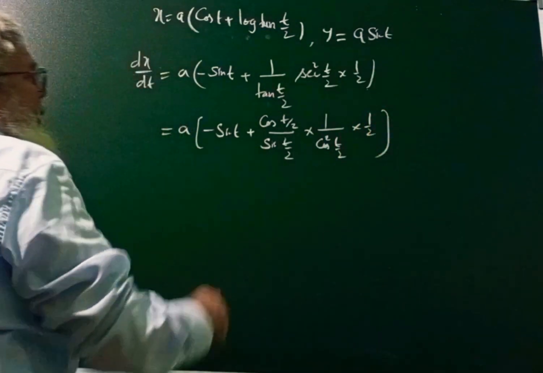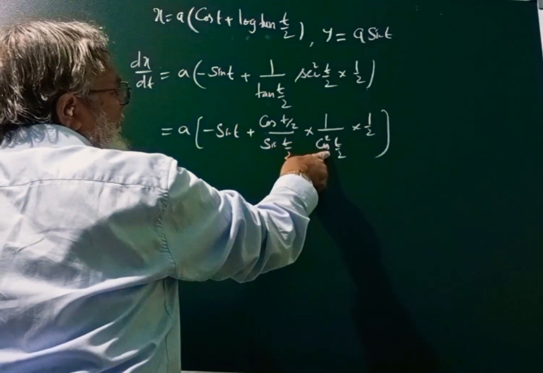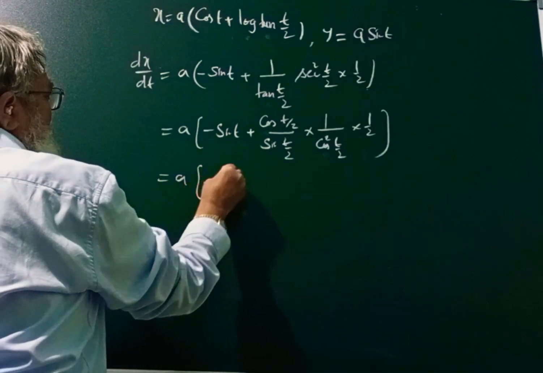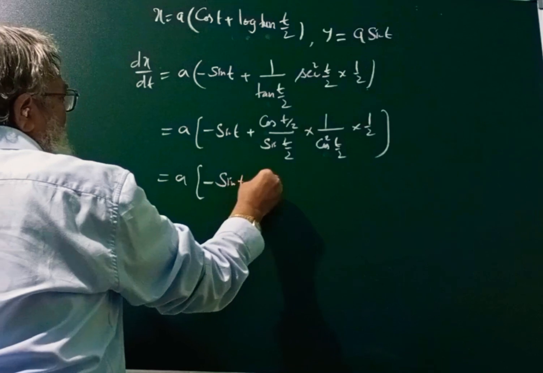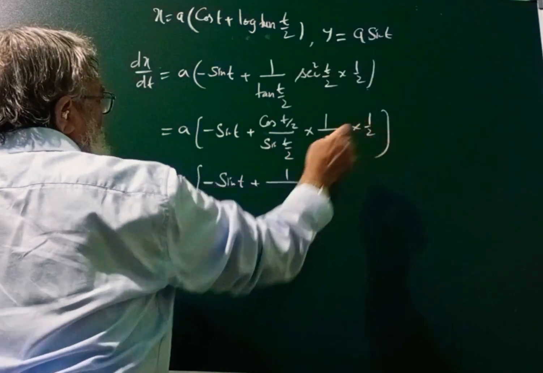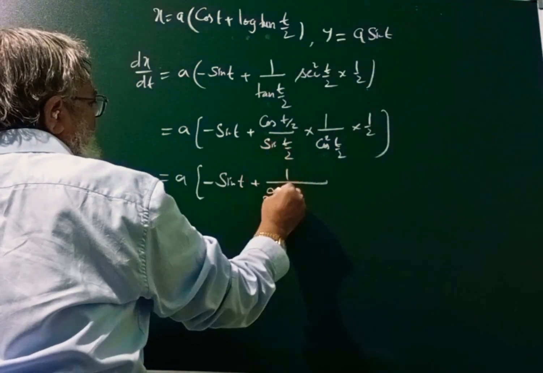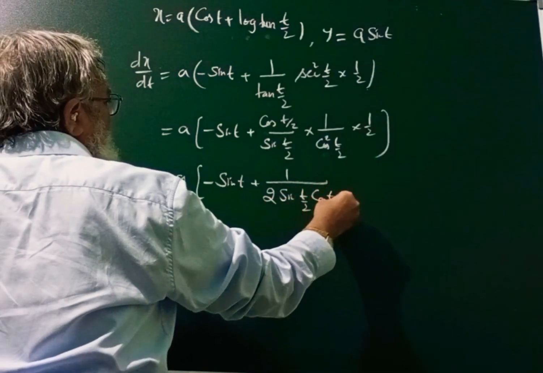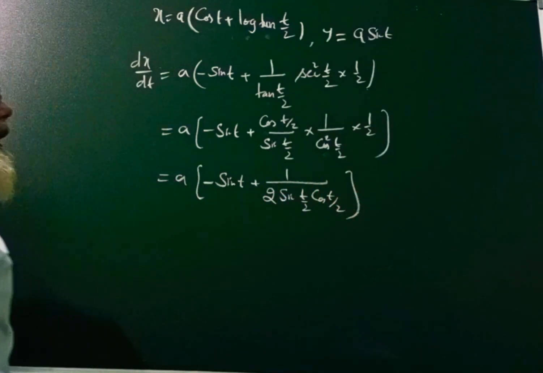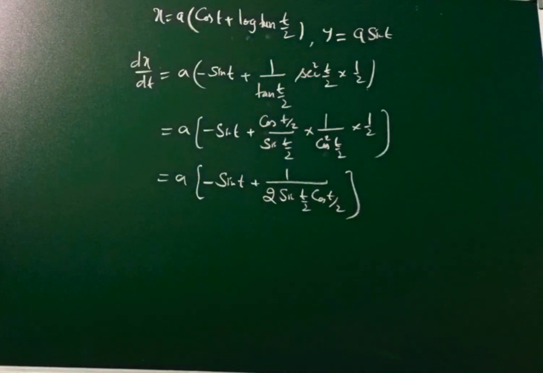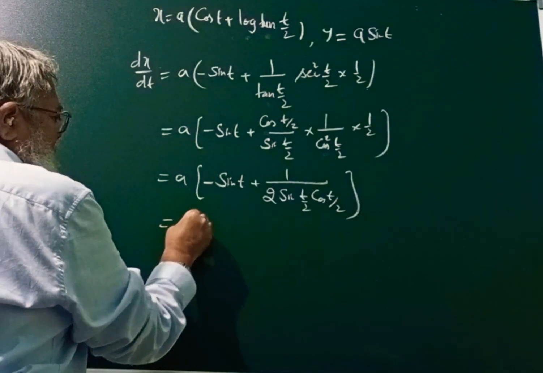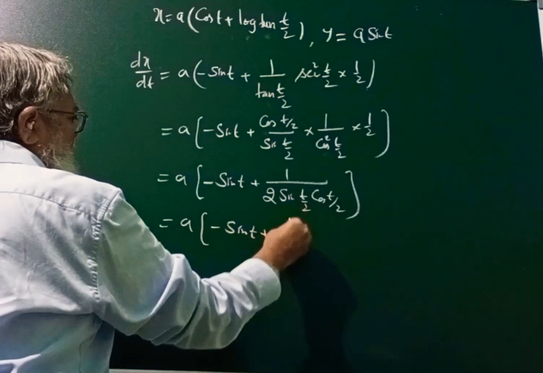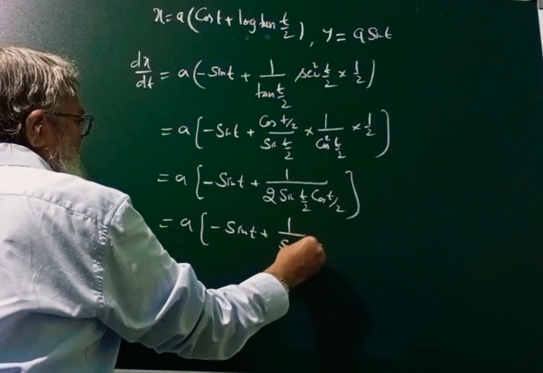Now look here, cos cancels with one cos, and what remains is a into minus sin t plus 1 by 2 sin t by 2 cos t by 2. 2 sin t by 2 cos t by 2 can be written as sin t by the half angle formula, so plus 1 by sin t.